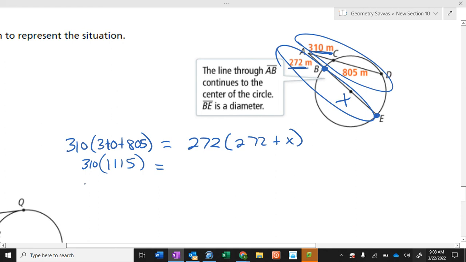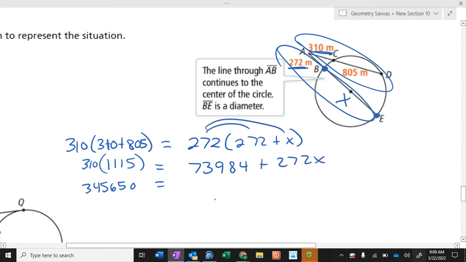Pretty big number. 300 and some odd thousand. Okay, what's 272 times 272? 73,984 plus 272x if we do the distributive property equals 345,650.